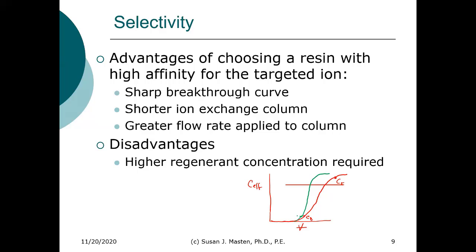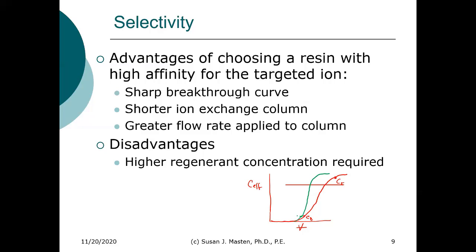And when we have a high affinity, we have this sharper breakthrough. The problem is we're going to need more regenerant to regenerate. So the regeneration is more difficult with an ion exchange resin that has a high degree of selectivity.